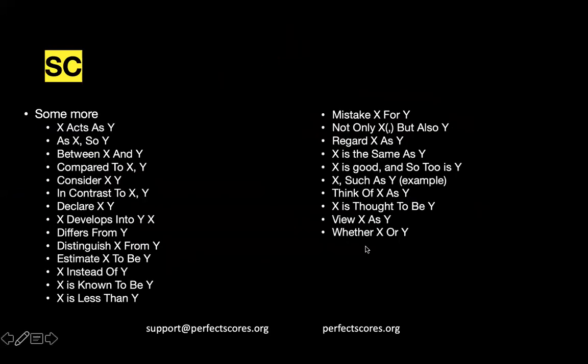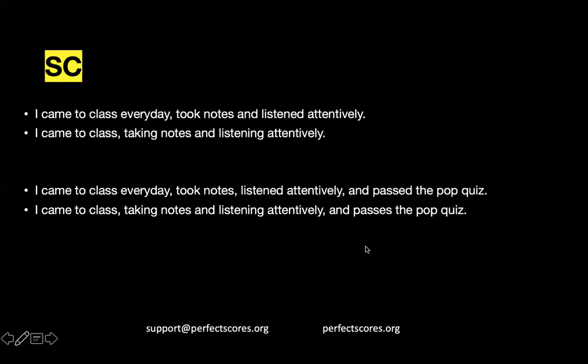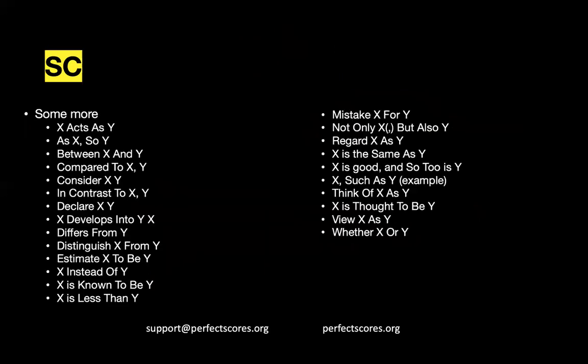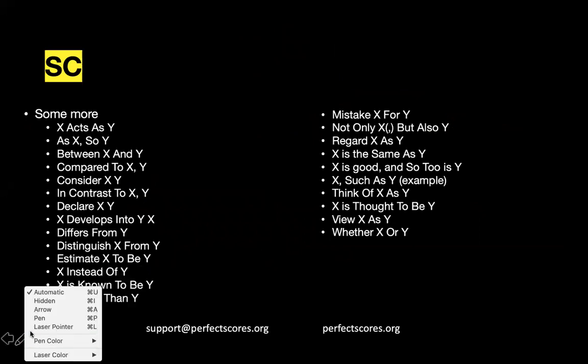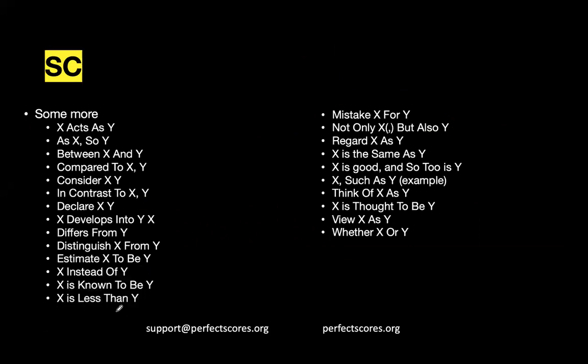So let's do a few exercises. Okay, before going to the sentences, I'll just go through a list of some more phrases that you need to be aware of, so that you don't miss them. So, X acts as Y, this is fine. All you need to do is just think of examples.